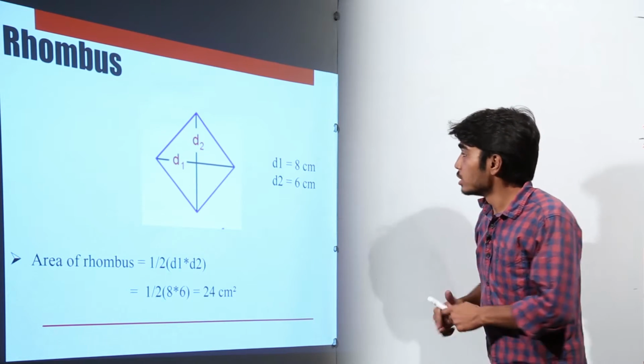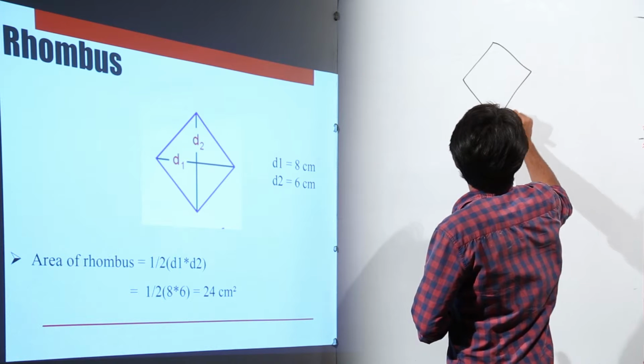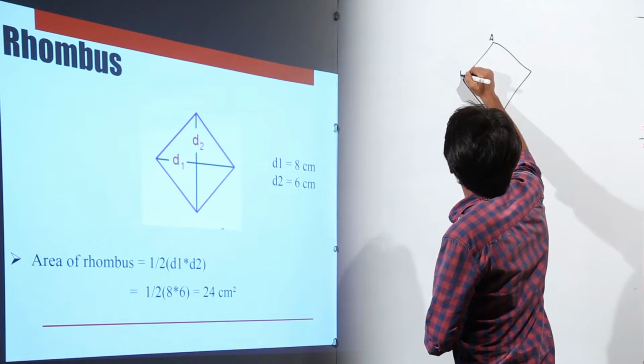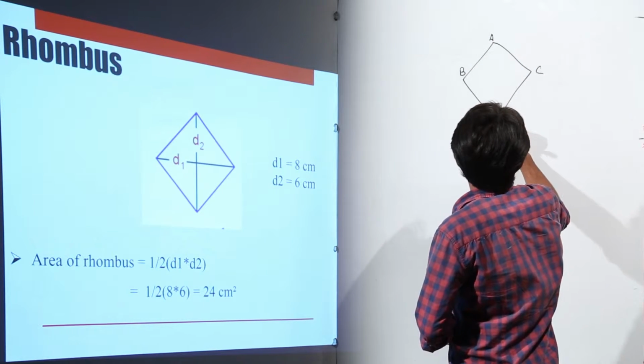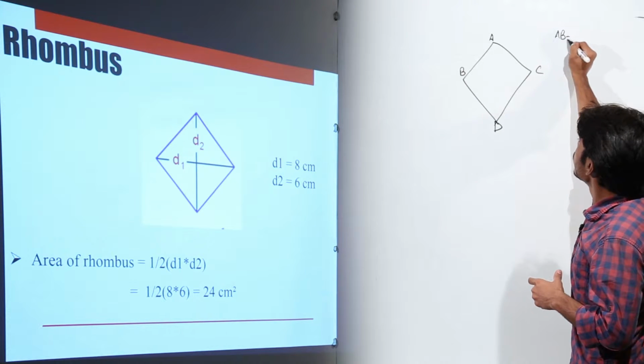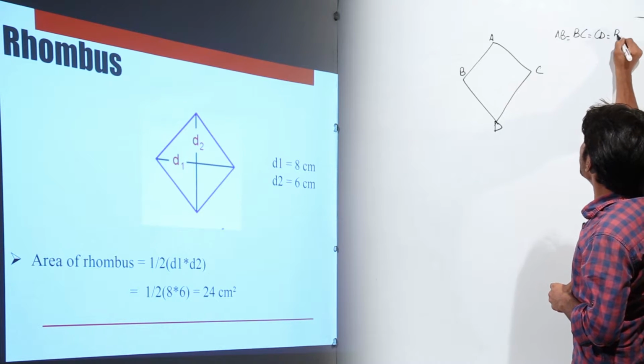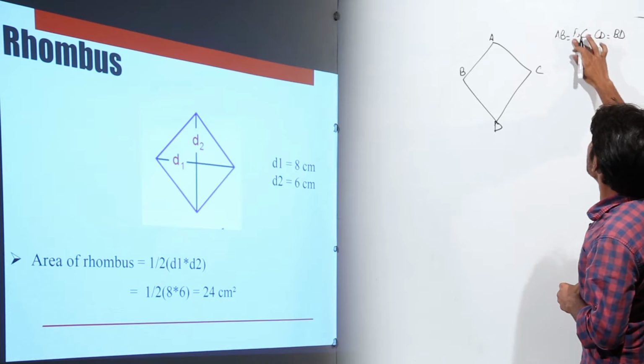Let's see. Suppose I'll draw a rhombus. In a rhombus, all the sides are equal. So AB is BC, is CD, is... BC is not there.